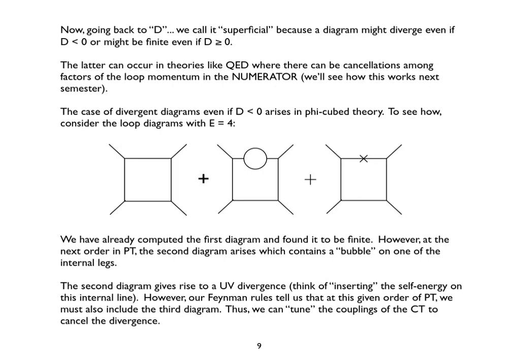So anytime you see this, even if it's inside of another diagram, you know that you have to include that counterterm. And that's what saves you. That's what cancels off this degree of divergence, so you don't have lingering divergences laying around at the end of the day. All right, so those are the 2 kind of weird cases.